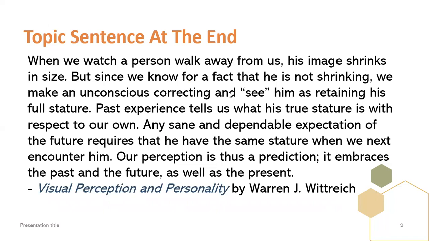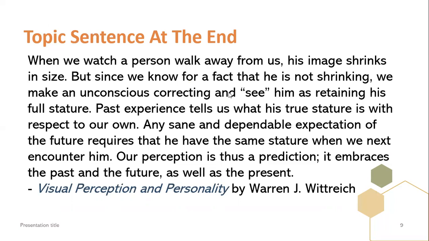So when we watch a person walk away from us, his image shrinks in size. But since we know for a fact that he is not shrinking, we make an unconscious correcting and see him as retaining his full stature, right?